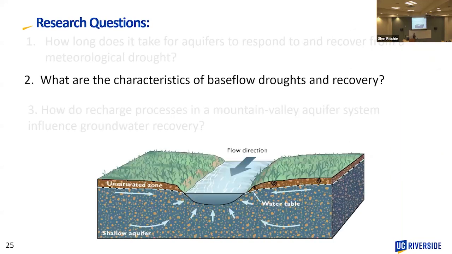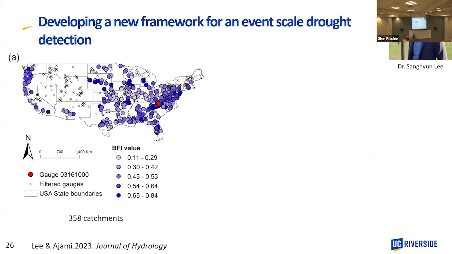In the next phase, we are going to look at base flow droughts, because base flow basically is groundwater discharge to the streams. For the base flow drought, we looked at 358 catchments or watersheds across the US and tried to develop a new framework for drought detection at an event scale.